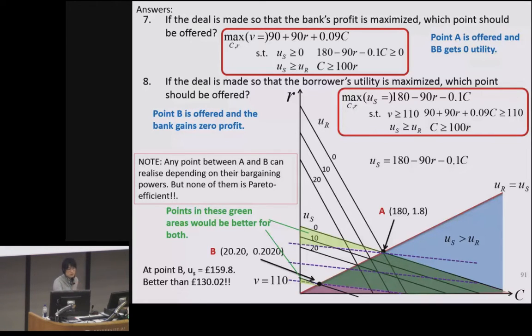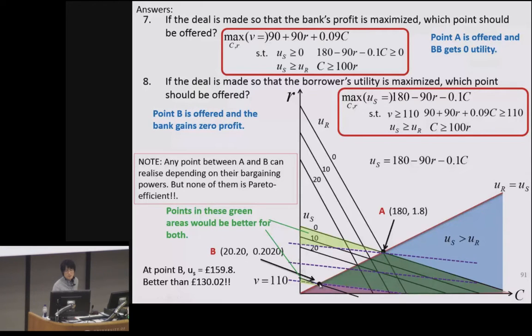If they do, then bank's payoff is no longer V. Okay, V is not their payoff, because this V, bank's payoff V, assumes that Brown Bakery will select the safe project.